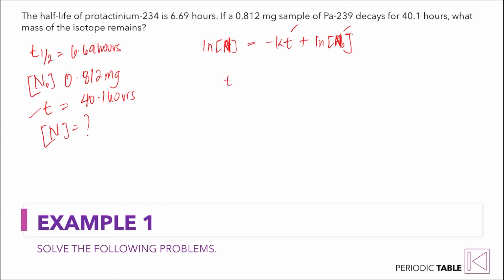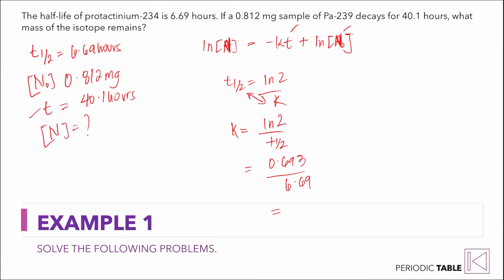Pwede natin i-modify yung equation to get the k using the T1 half actually. So, paano natin gagawin yon? We transpose these two terms here. So, k is equal to ln2 over T1 half. So, ln2 here is 0.693 plus yung T1 half natin is 6.69 hours.